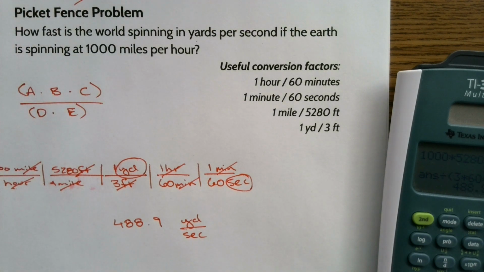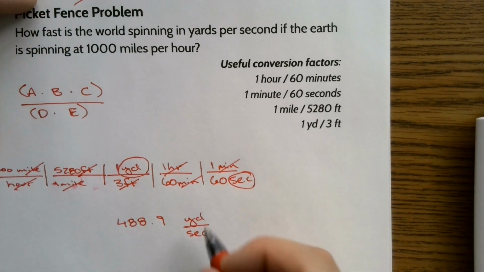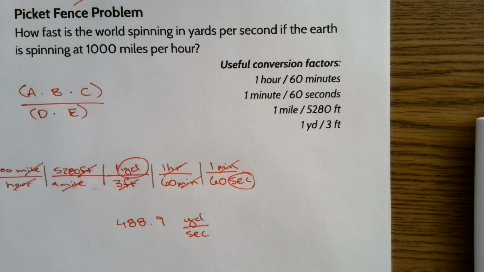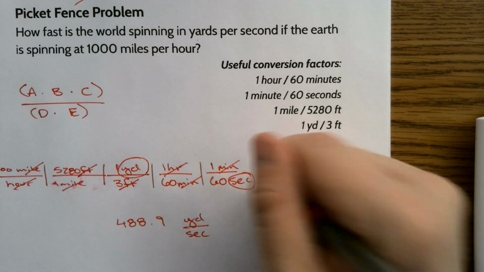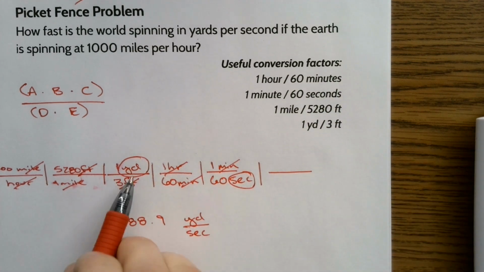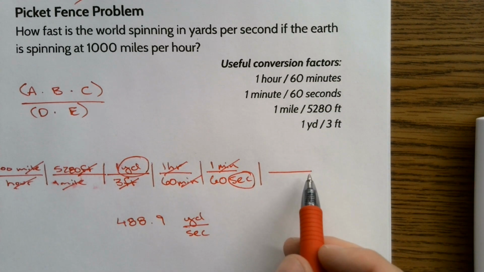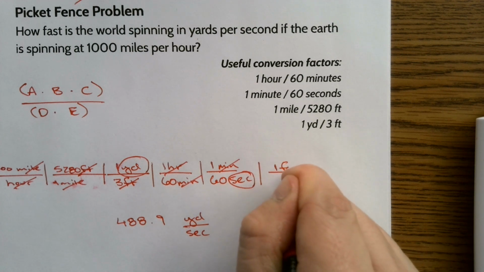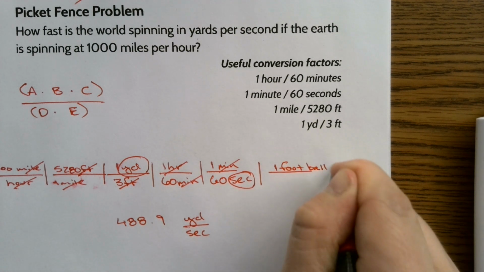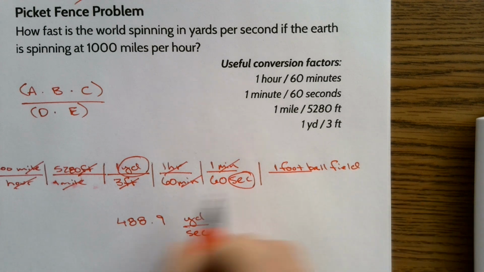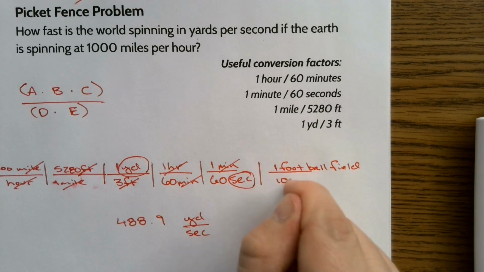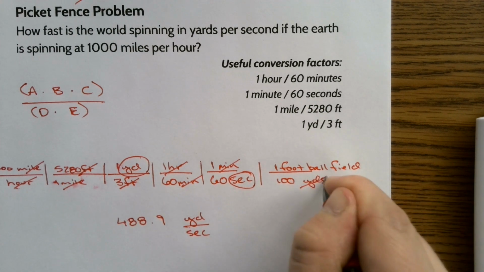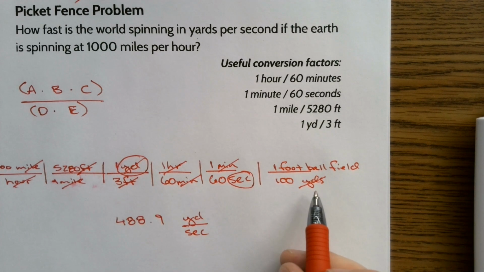Now, if we imagine something that we can see in the real world, we can think of football fields. We could take this even a step further because this can be kind of hard to read. If we want to go one step further, we can turn these yards into football fields. So 1 football field is equal to how many yards? About 100 yards, right? I can convert it. Now I'm in football fields.